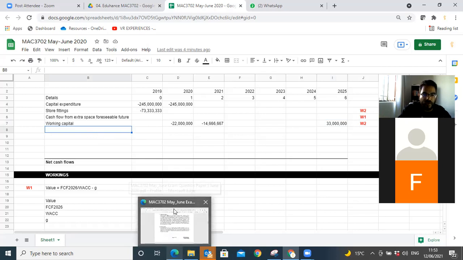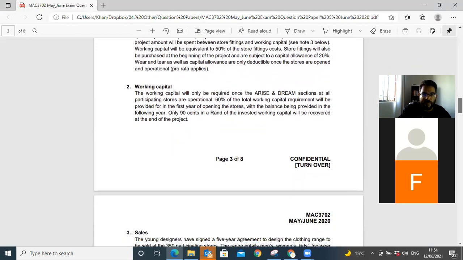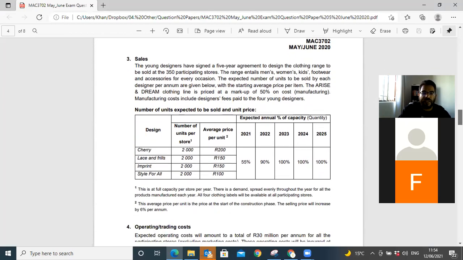Okay, so now we will go and move on to point 3. So now we're going to deal with sales. So they're telling us that the young designers have signed a 5-year agreement to design the clothing range to be sold at the 350 stores.